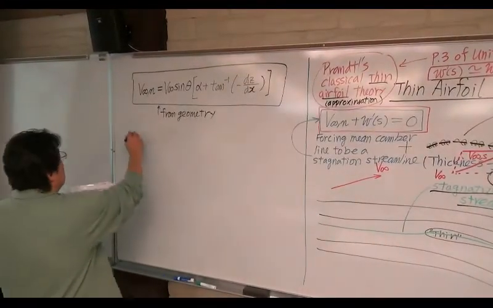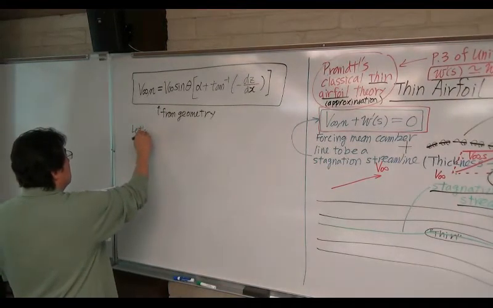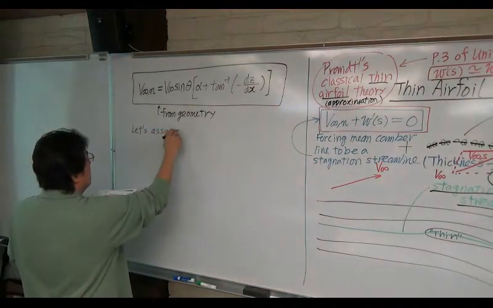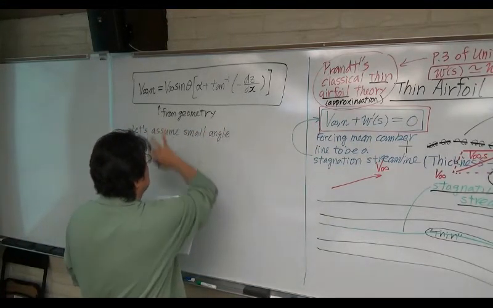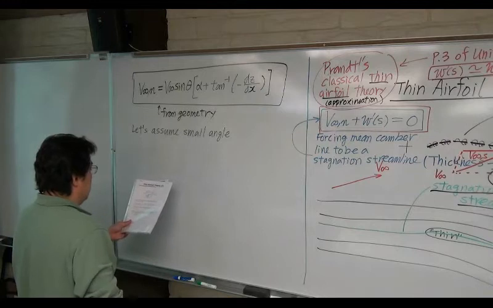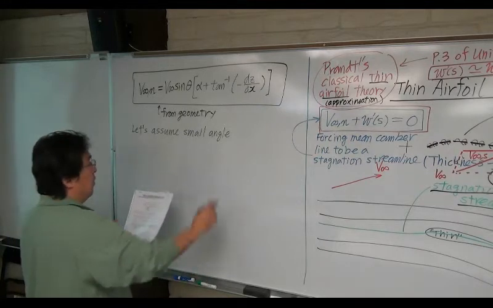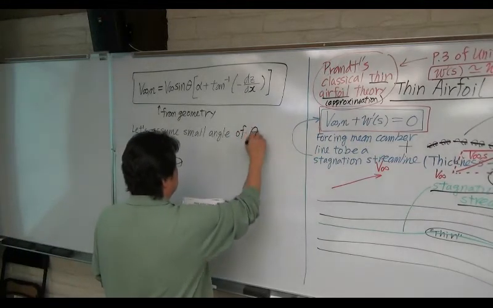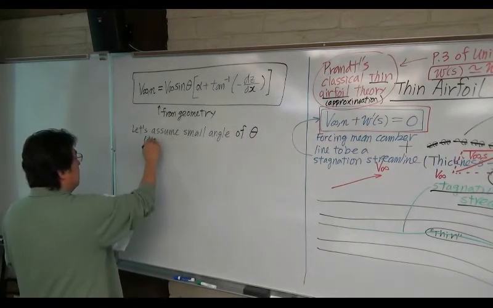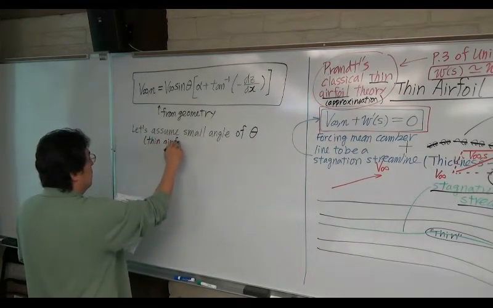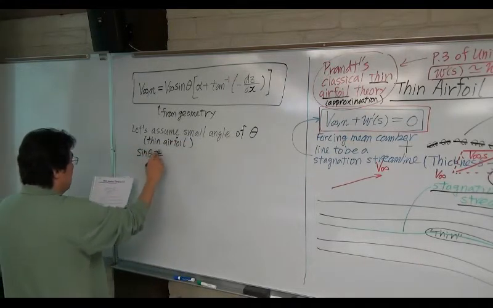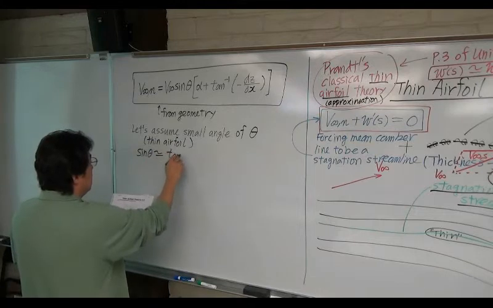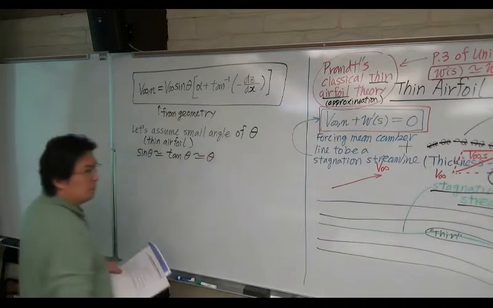Then let's assume small angle. Small angle means that this theta is going to be very small, and the reason is this is a thin airfoil. With the small angle assumption, sine theta is approximately equal to tangent theta, which is approximately equal to the angle itself.